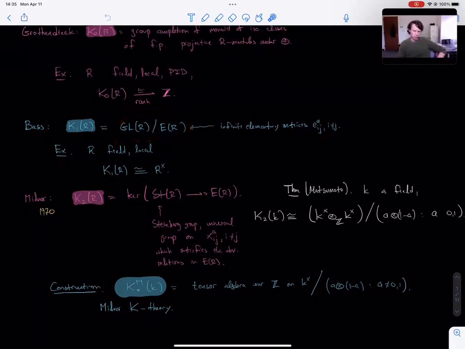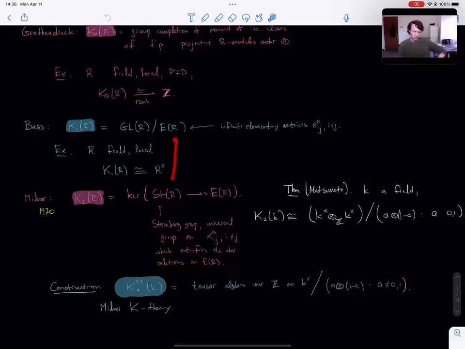So it turns out that this is basically the largest normal perfect subgroup. And so this quotient is in particular abelian, and that's K1 as defined by Bass.